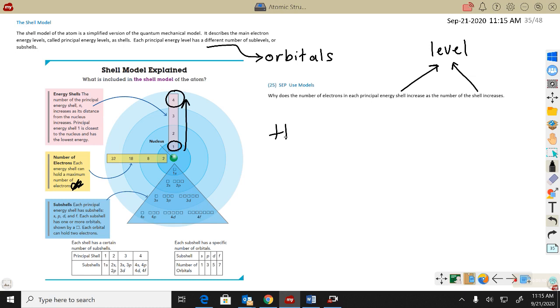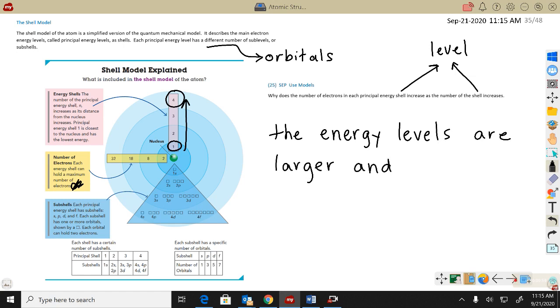The energy levels are larger and have room for more electrons. On average, like in the fourth energy level, it's a really big region around the nucleus.